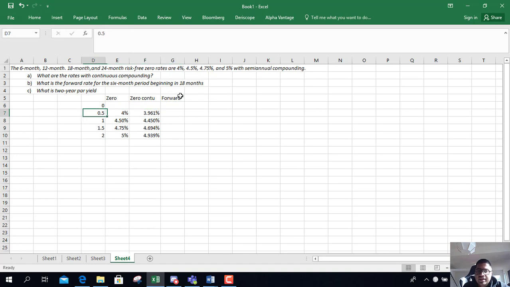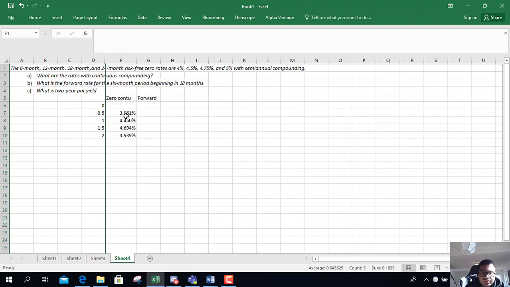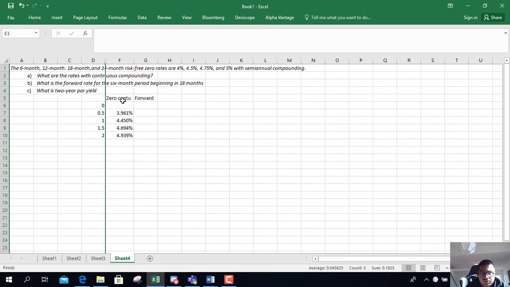So what is forward price in here? Forward price here we can't calculate because this rate is unknown. But we can calculate forward price here onward. So we don't need this, so I'm hiding this. Because we do not use zero rates ever. We use zero rates continuously compounded. So forward rates can't be computed here because we don't know rate at 0. But forward rates can be computed from here onward.